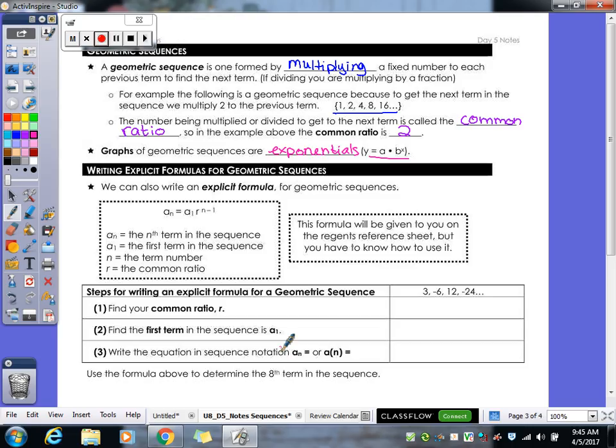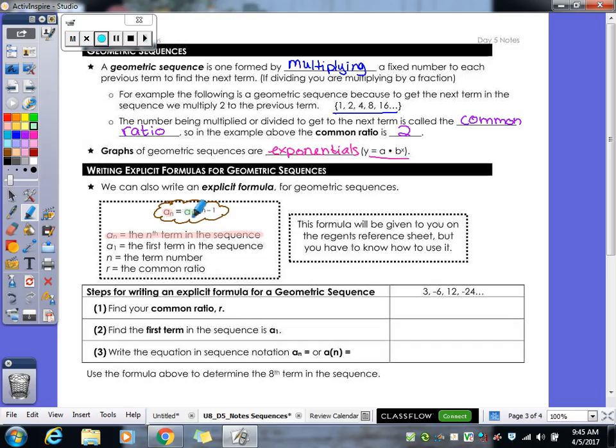So much like our arithmetic sequences, we do have to write formulas for our geometric. Again, this formula is given to you. You just need to know how to use it. So our a sub n, that doesn't change. That's still the nth term of the sequence, whatever number you're looking for, whether it be the 15th term or the 21st term.